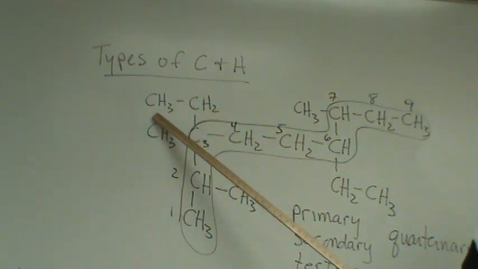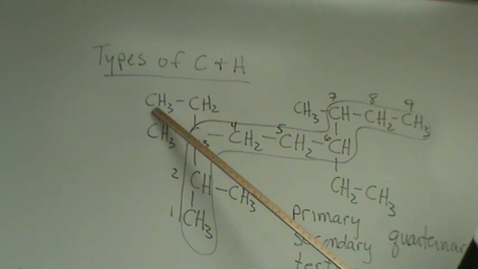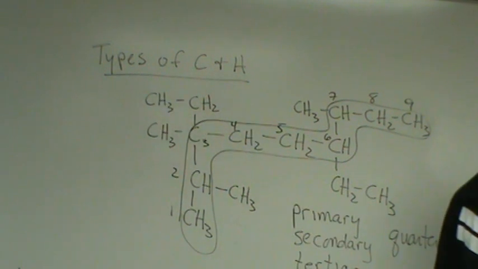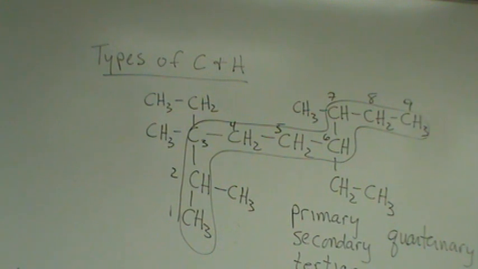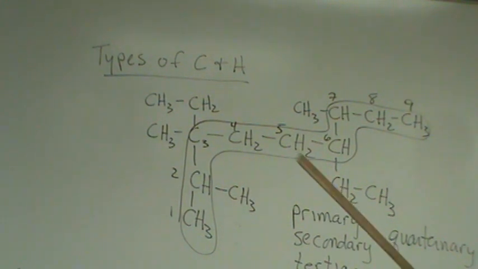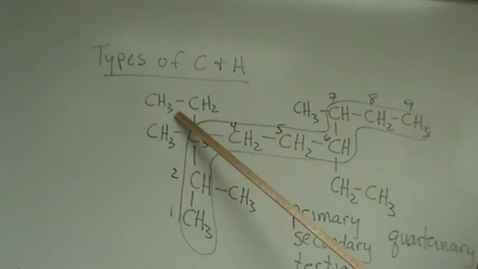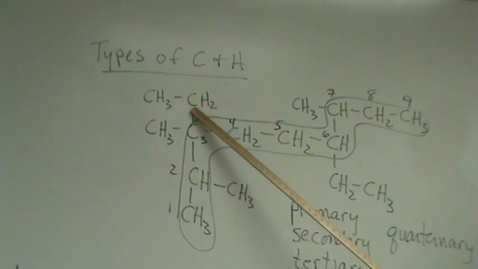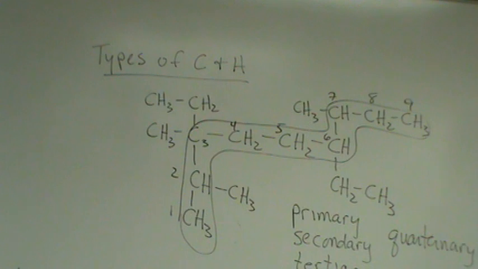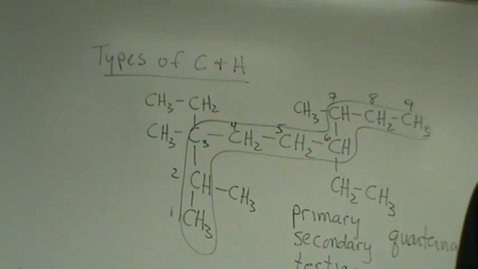What I do is I look at any carbon in a molecule, like this one, and I ask how many carbons are attached to it. How many carbons are attached to that one? Okay. See, one. Okay?